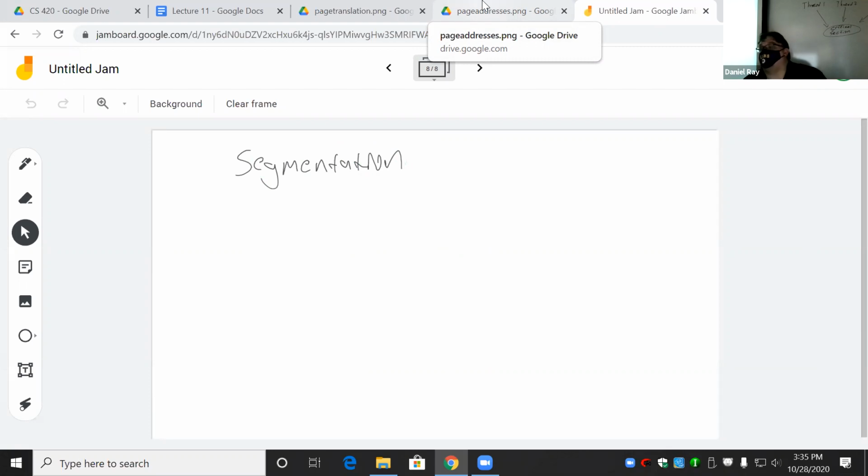Where do you see that word? Okay, I mean, you're not wrong, but that's not what I'm thinking of. In your programming life, as programmers, where do you see the word segmentation?